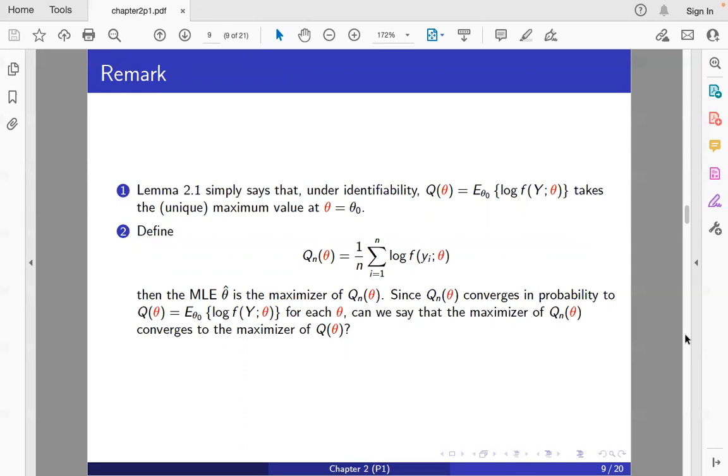We know by the law of large numbers that Qn zeta will converge to Q zeta pointwise, for each zeta.